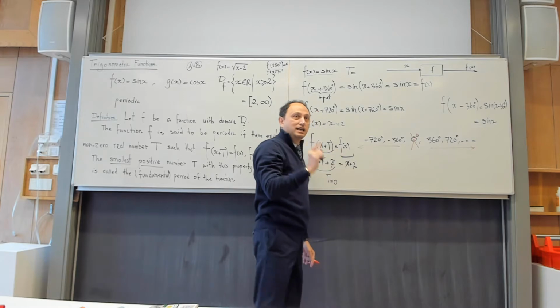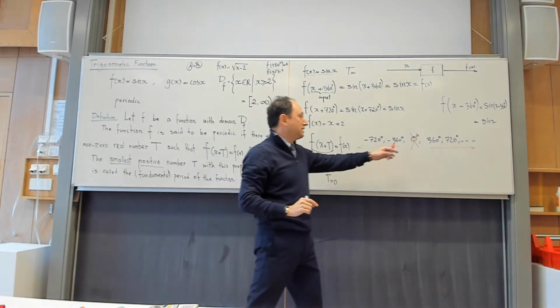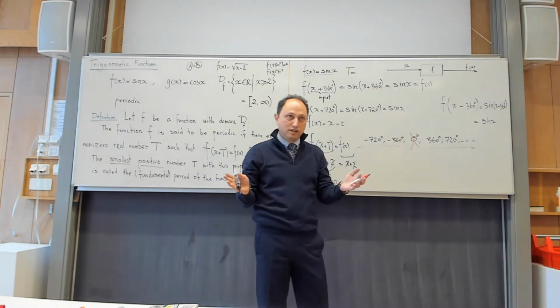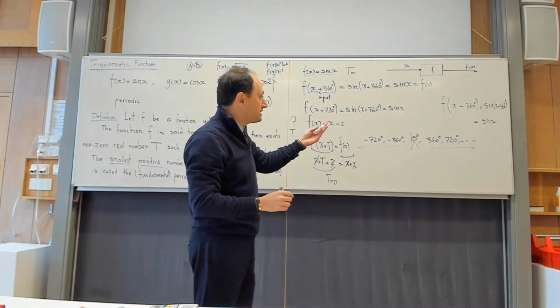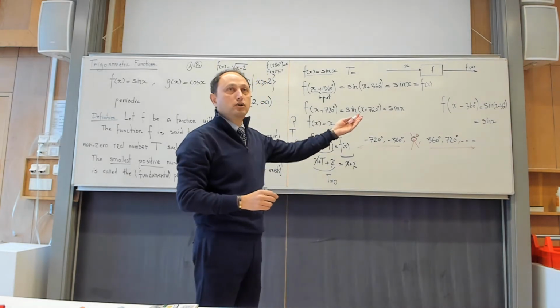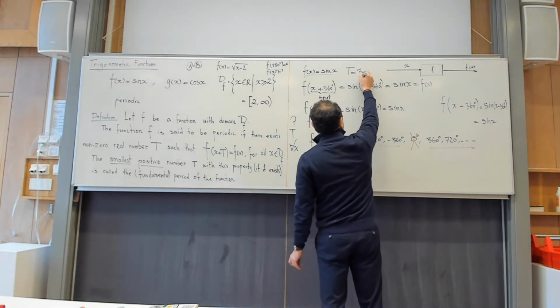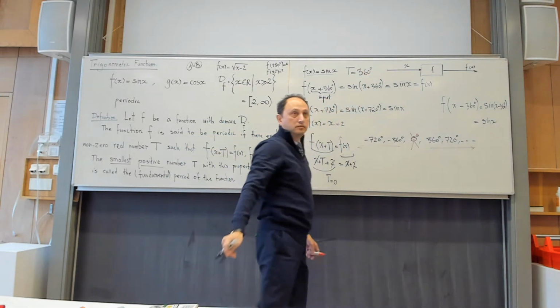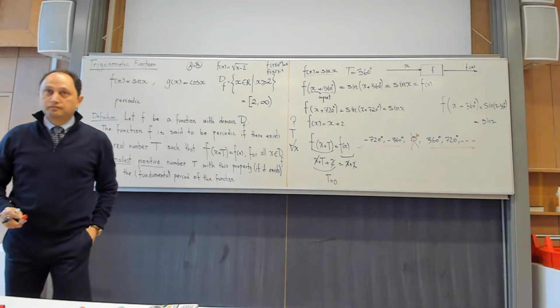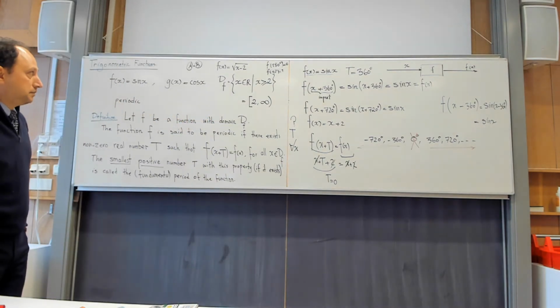You have to answer exactly one of them. So if you say 720, it is wrong. You will not get any points, yes? So the smallest positive number in your list is 360 degrees. And that is called the period. Okay? That is called the period.